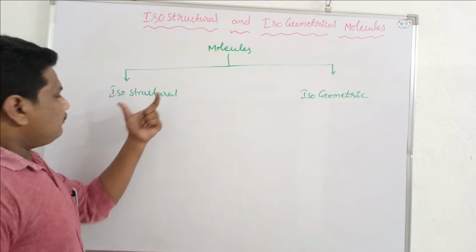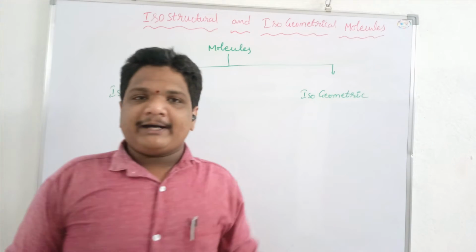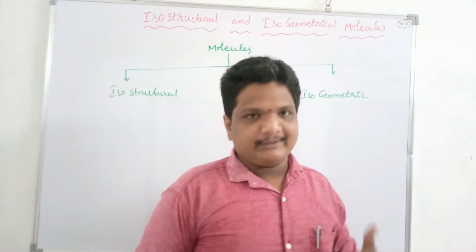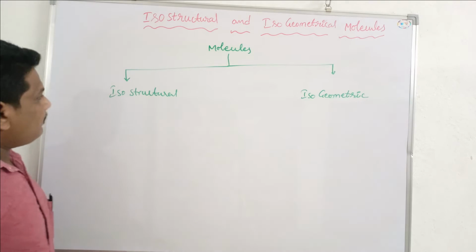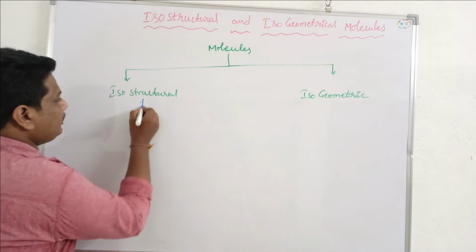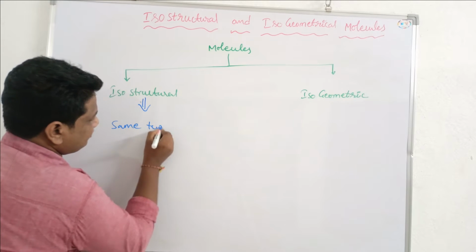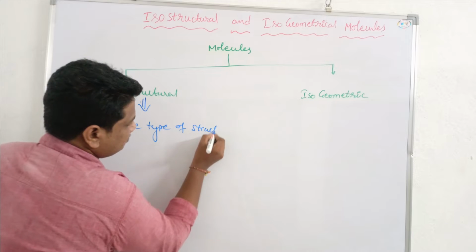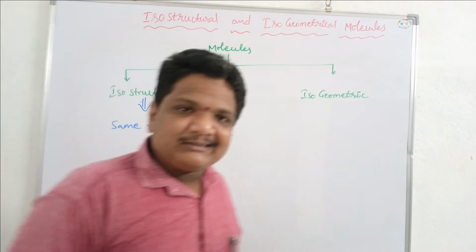Now, what is meant by isostructural molecules and what is meant by isogeometric species? Isostructural molecules are the molecules which have the same type of structure, or identical structure.